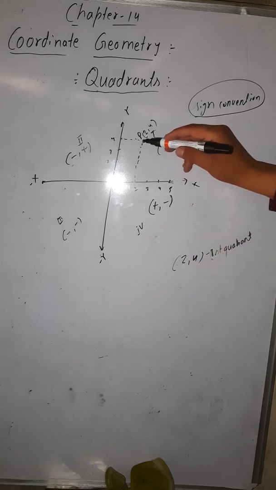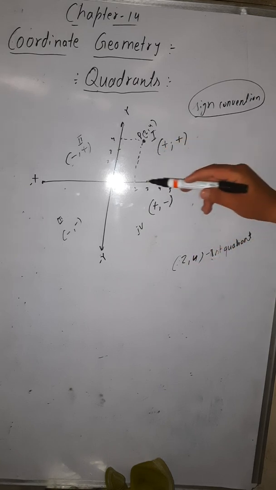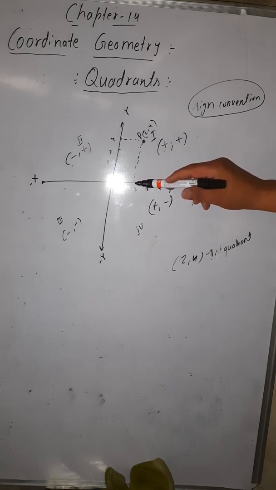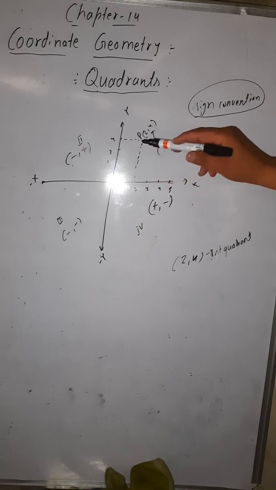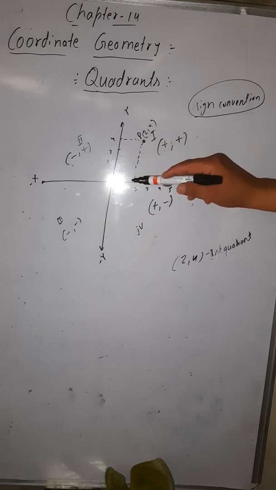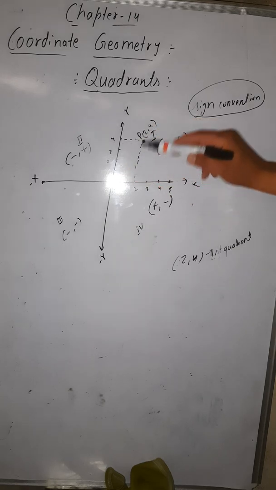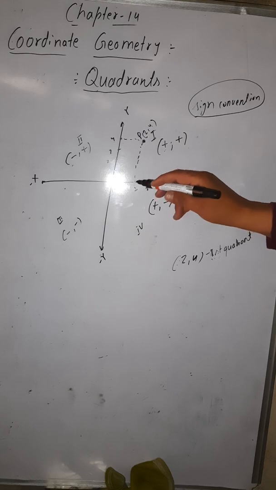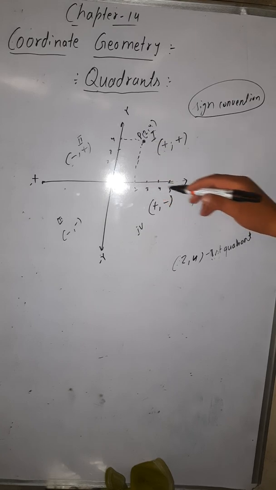How far is point P from the x-axis? Can you tell me this distance? Yes, this distance is 4. Look here, from here to here, 4. So (2, 4) is the point P, and the point P is 4 units far from the x-axis.